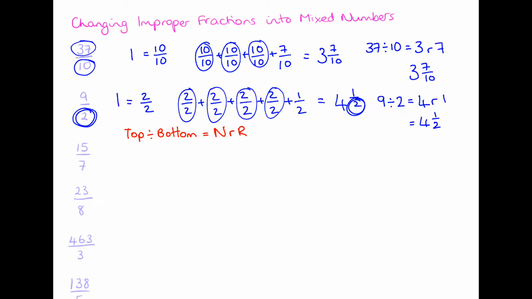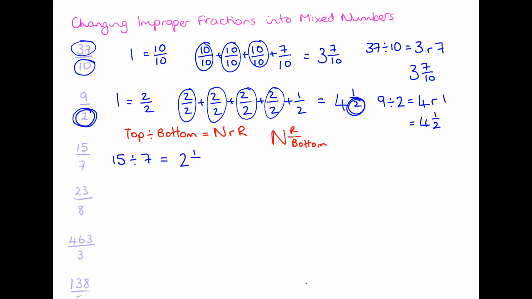When we change the fraction into a mixed number, the number is the big number there, the remainder goes on the top of the fraction, and the bottom of the fraction doesn't change. So in this next example, we do 15 divided by 7. There's 1 seven in 15. Oh, 2. Silly me. There's 2 sevens in 15. So we say that that's 2, and we've got 1 left over.